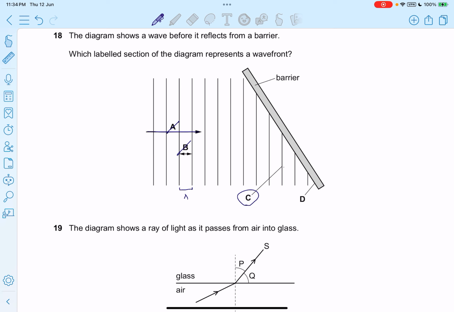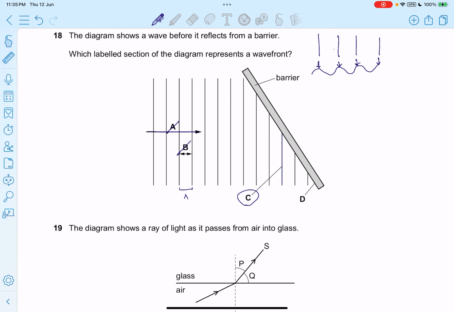For C, it's pointing to one of these vertical lines, which is a wavefront, because this is from the upper view, but if you move it to the side, it looks like this. And the wavefront is basically these parts. These are the wavefronts, one at the top that we see. So C is the correct answer, because when we drew it, it's like this.